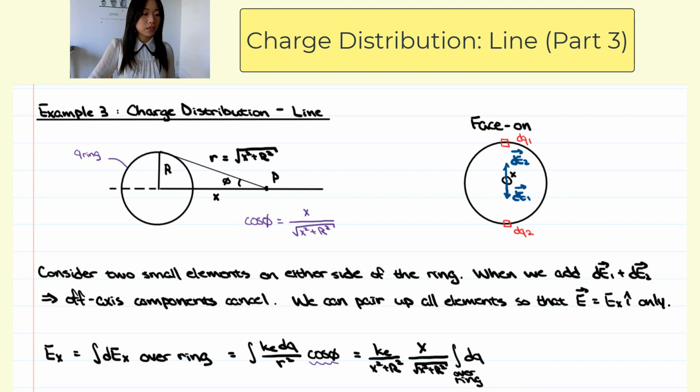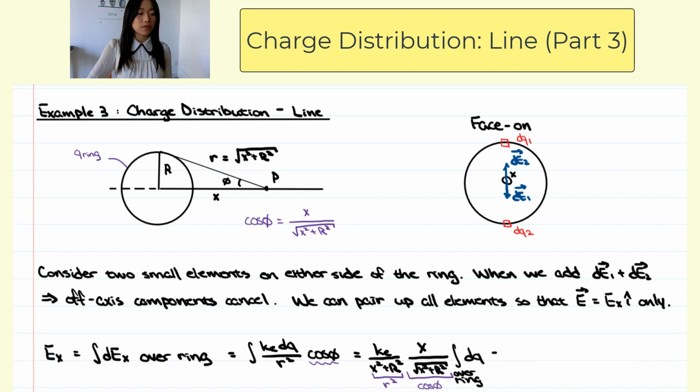So a quick note: this x squared plus radius squared is the distance squared, and this whole thing is the cosine phi. So now the integral left is only the integral of dq, which means we only need to add up the charge over the ring. And it was given that the ring has a total charge of Q ring.